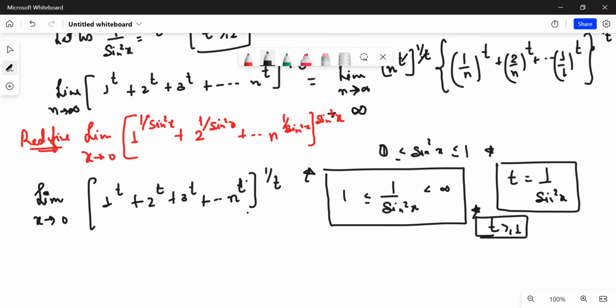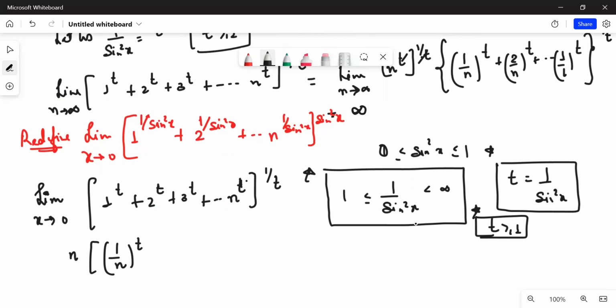And if I take this n common out, what will I get? I'll get 1 upon n. So n comes outside and there will be 1 upon n to the power t.